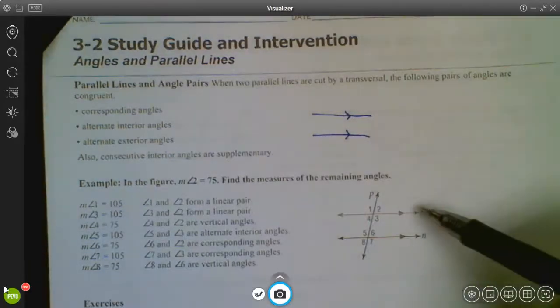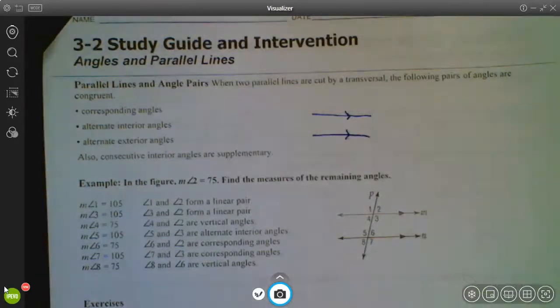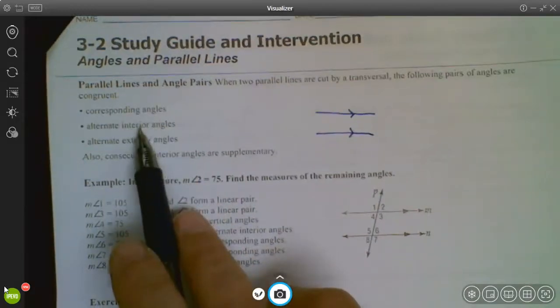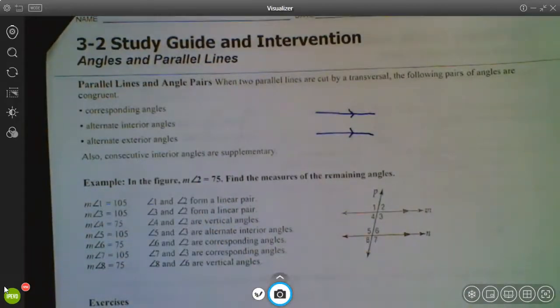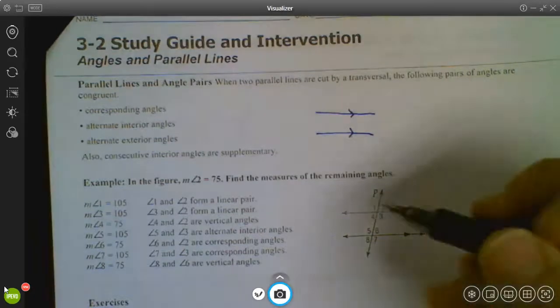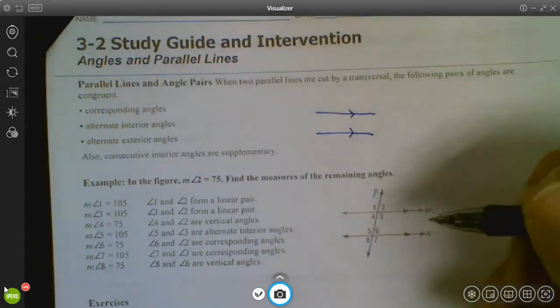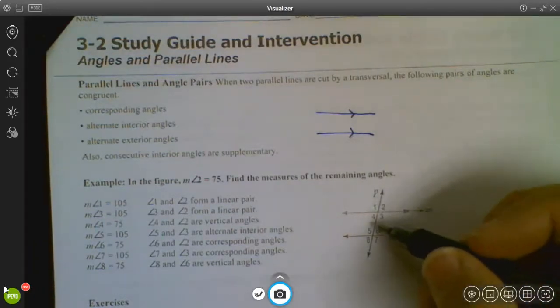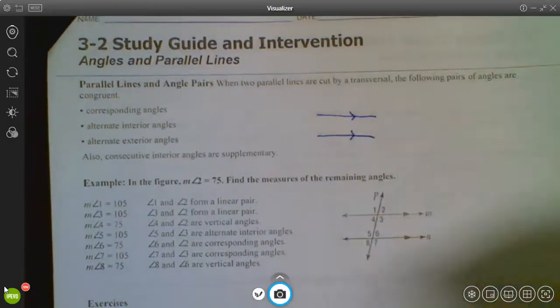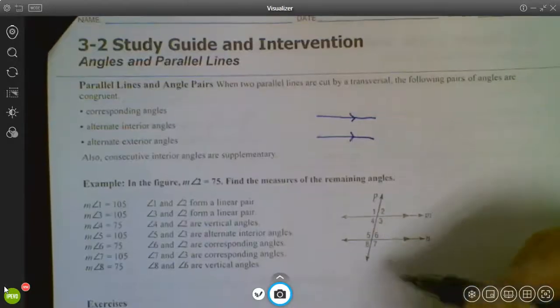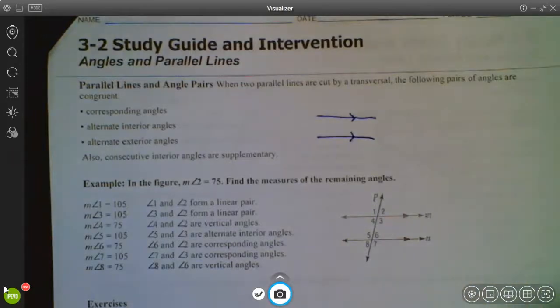But anyway, here's what we got. When these two lines are parallel, then corresponding angles, alternate interior and alternate exterior angles are all now congruent. So if you look at these, corresponding angles such as 1 and 5, such as 4 and 8, 3 and 7, or 2 and 6, those are all now congruent relationships.